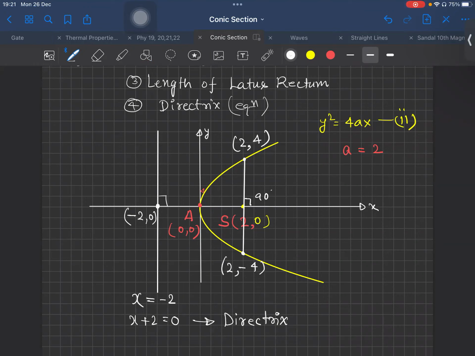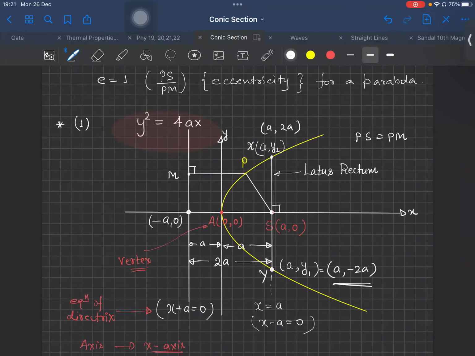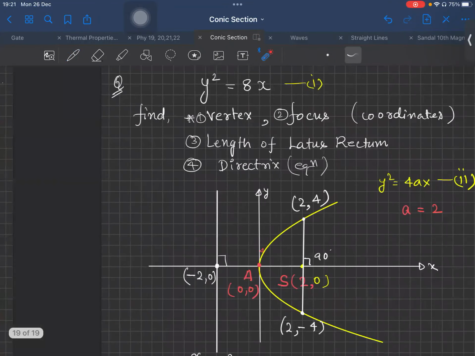These are the ends of latus rectum for this parabola. Here a you have already got, so what will be the length of latus rectum?